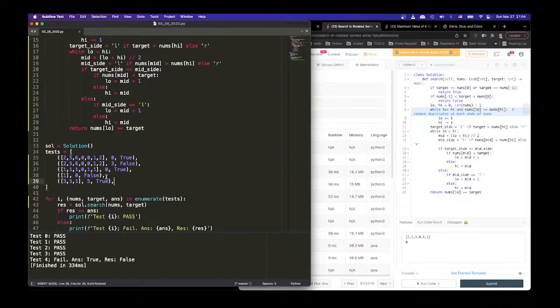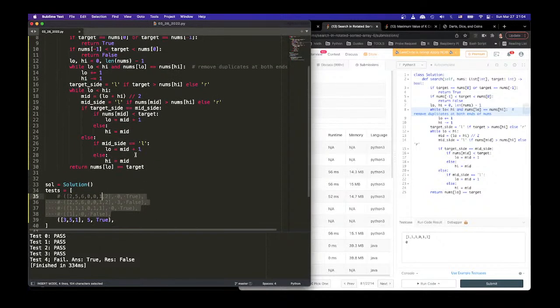How? We didn't go through this. We don't have to. And the target is 5. 5 is larger than this, so it should be on the right, should be on the left hand side.